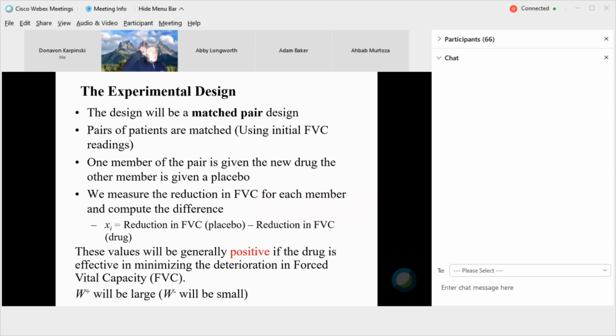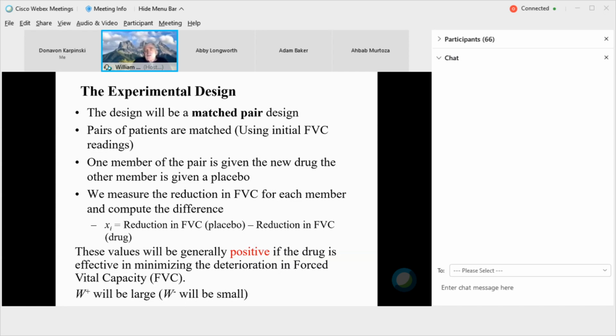So the design is a matched pair design. The subjects are matched into pairs of patients, usually using their initial forced vital capacity readings. Then one member of the pair is given the new drug, the other a placebo.